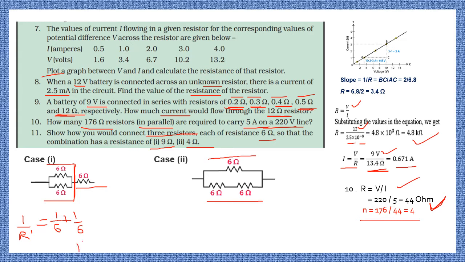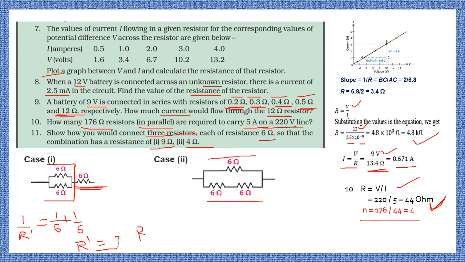You just find out the value of R dash. Whatever the value of R dash is, you just have to add it with 6. Why? Because this R dash and this 6 are in series. So the answer will be R dash plus 6.